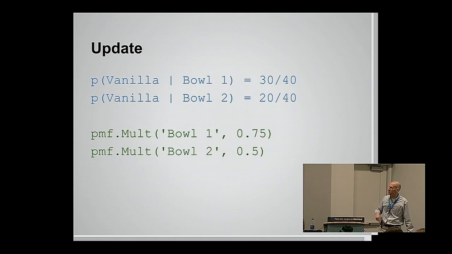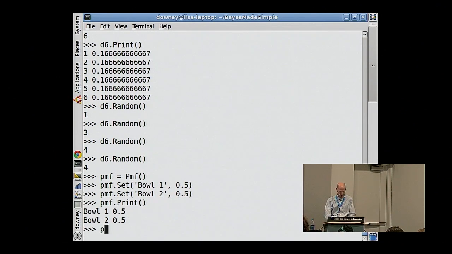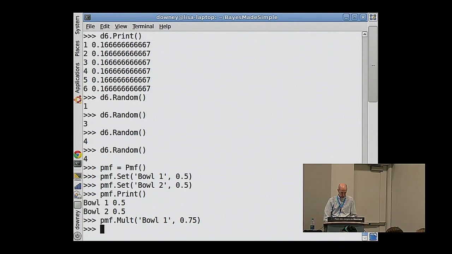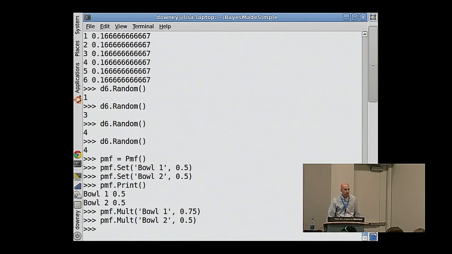Finds the probability associated with bowl 2 and multiplies it by 0.5. So this is the update. So when you take your prior and you multiply it by the likelihood of the data, that's a Bayesian update.